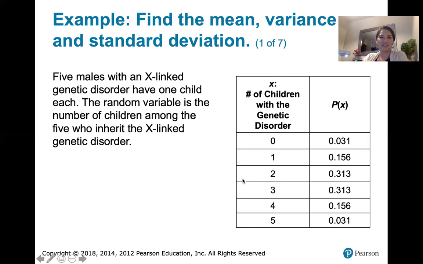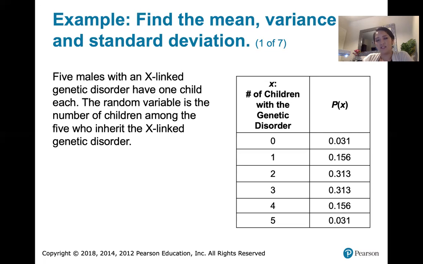Let's actually practice using these formulas now. In this example, we're going to find the mean, variance, and standard deviation. And here's our problem statement. It says, 5 males with an X-linked genetic disorder have 1 child each. The random variable is the number of children among 5 who inherit the X-linked genetic disorder.